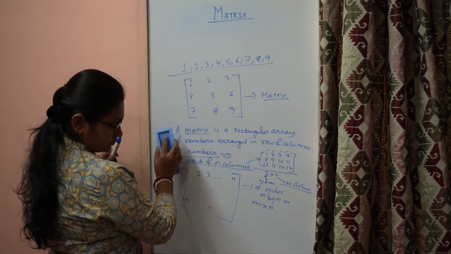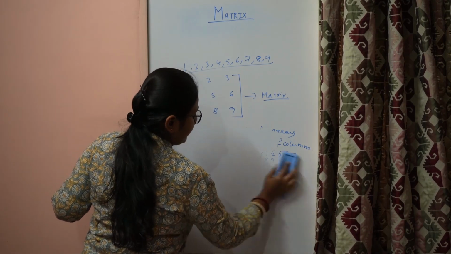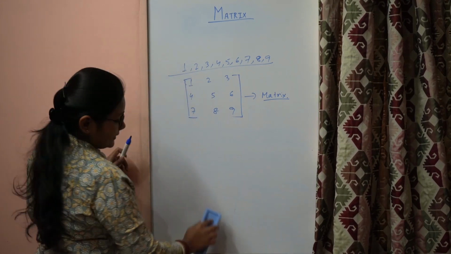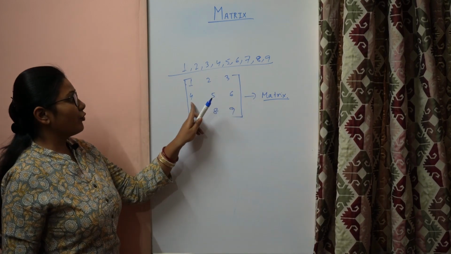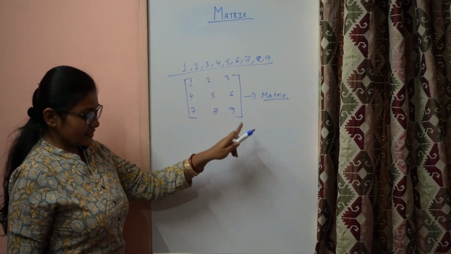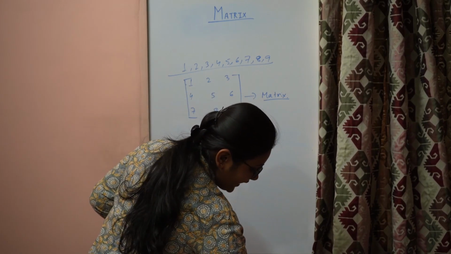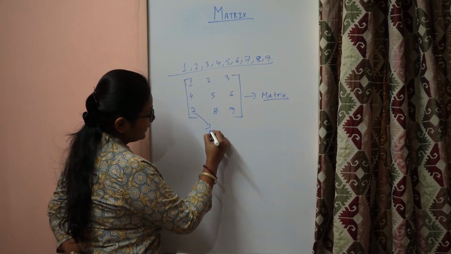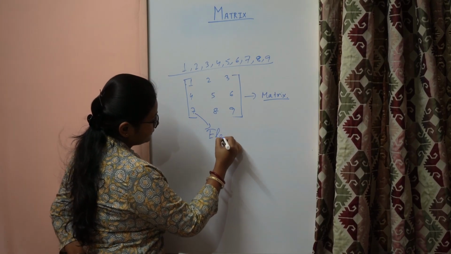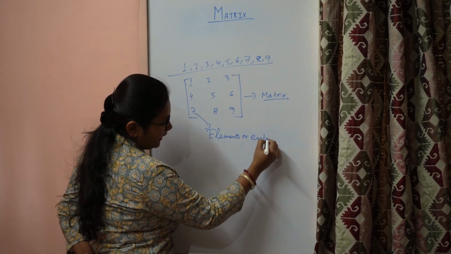Now, this is a matrix and these numbers of the matrix, 1, 2, 3, 4, 5, 6, 7, 8, 9, are called elements or entries.